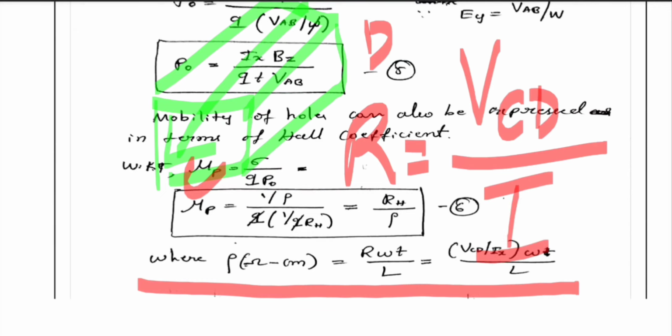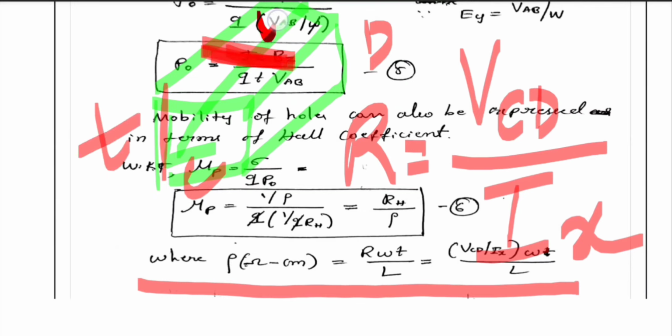So R is equal to VCD by Ix. W is the width, T is the thickness, and L is the length. So rho is equal to RWT by L, or VCD by Ix into WT divided by L.